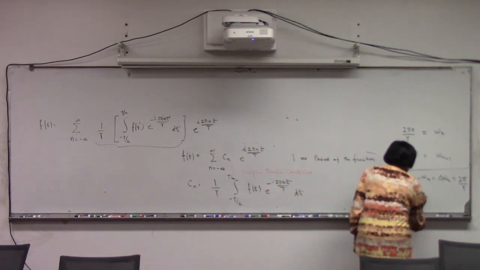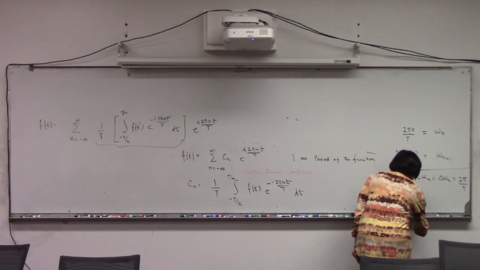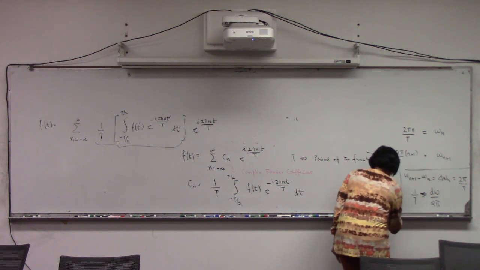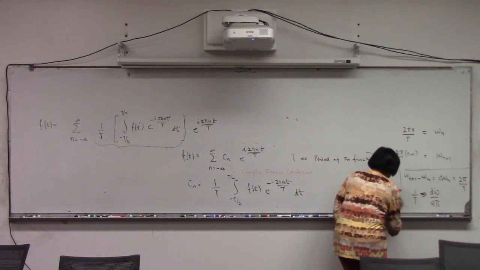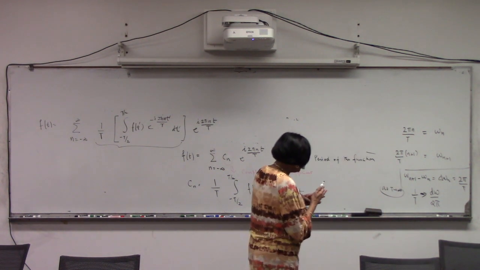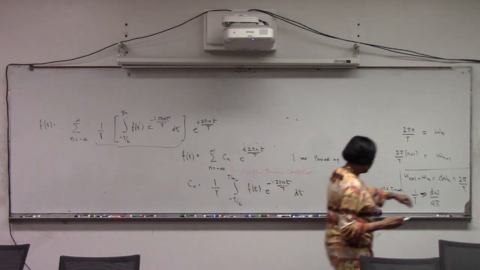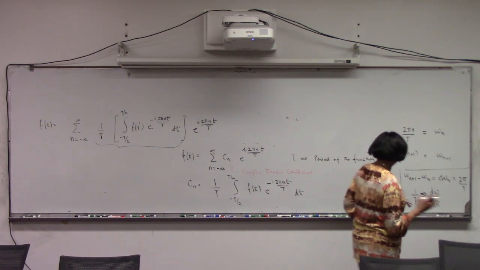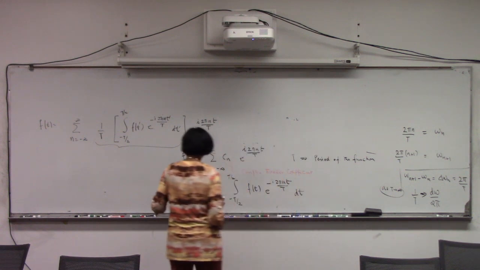So as T tending to infinity, I can write 1 over T as this. It is no longer a discrete spectrum. It becomes closer and closer because T is infinity, so delta omega n is going to 0, so that means it's a continuous spectrum. The frequency spectrum becomes continuous.